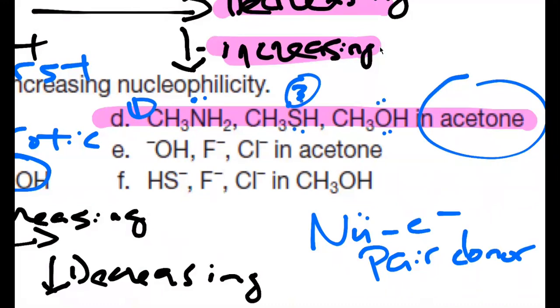So when you talk about nucleophiles, you're only looking at atoms that have electrons to give away. Here, oxygen has 3 lone pairs in this case. Fluorine has 4 lone pairs. Chlorine has 4 lone pairs. So that's what you're thinking about when you're thinking about if something is a nucleophile. It's got to have electrons to donate.